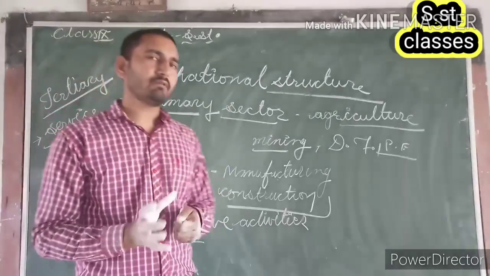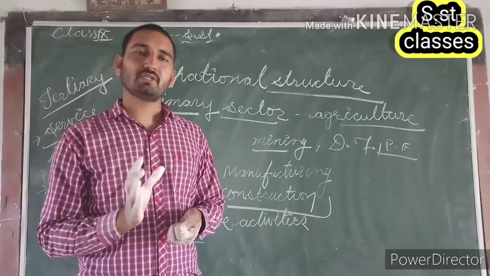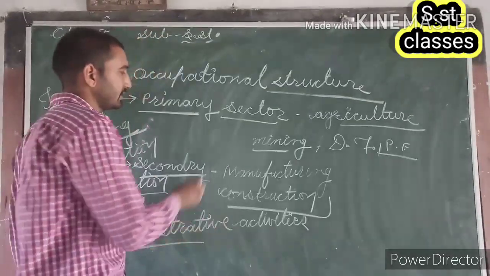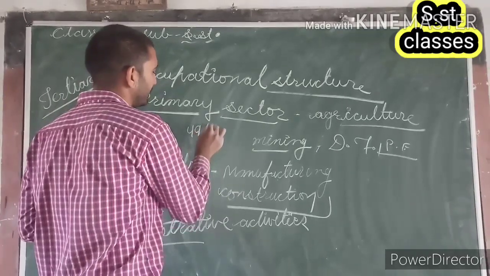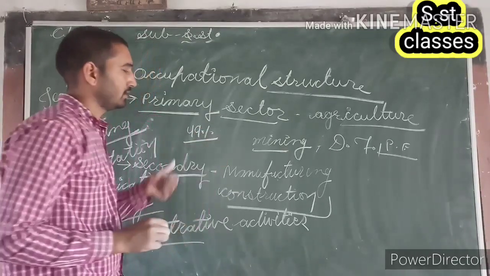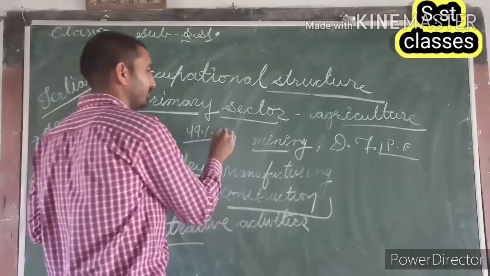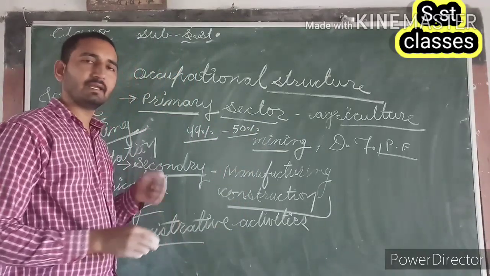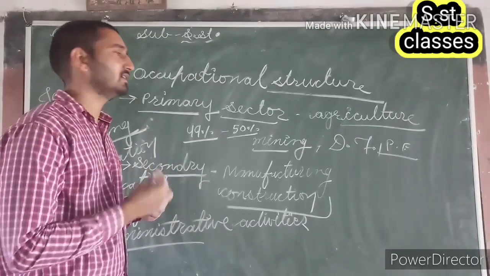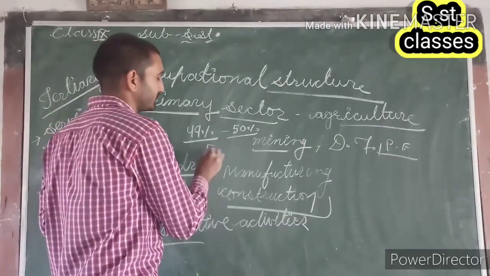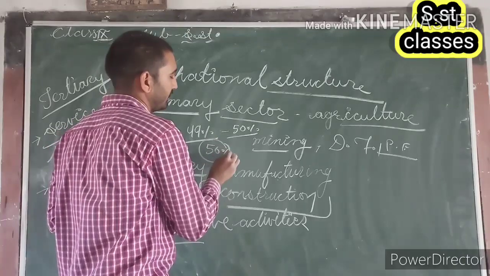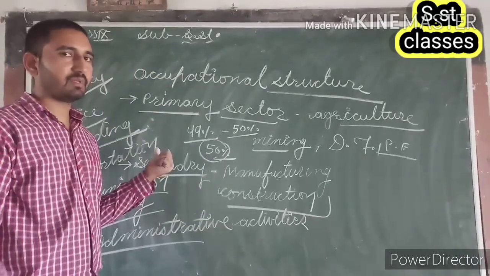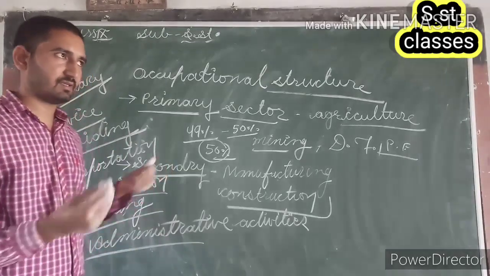Now, if we talk about the occupational structure of the country according to the census of 2011, then nearby 49% population, or approximately 50% Indian population is depending on agriculture, means they are getting employment through agriculture, and the remaining 50% is provided by the other two sectors of economy, secondary sector and the tertiary sector.